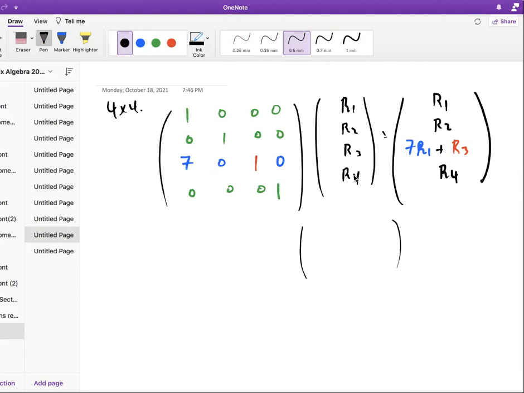Once you know this, then you can just do the multiplication 4x4, as hard as that might be. There's actually not much to do, and you know the row operation anyway.